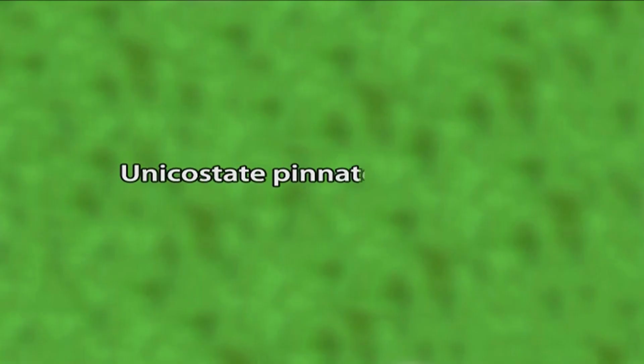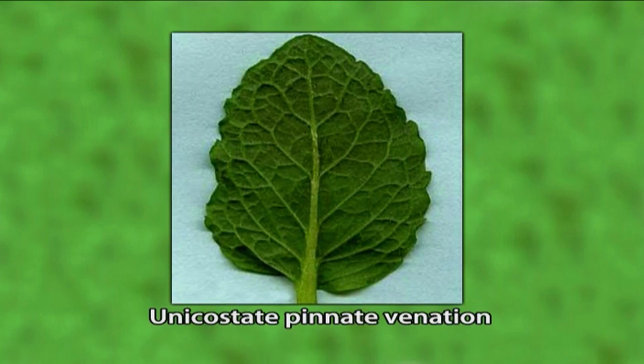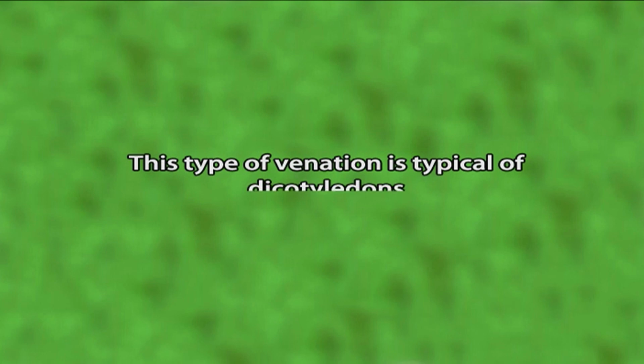Most frequent types of venation are: number 1, unicostate pinnate venation. Here the veins arise pinnately from a single midvein and subdivide into veinlets. These in turn form a complicated network. This type of venation is typical of dicotyledons.